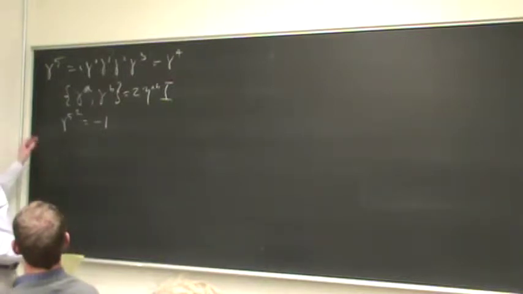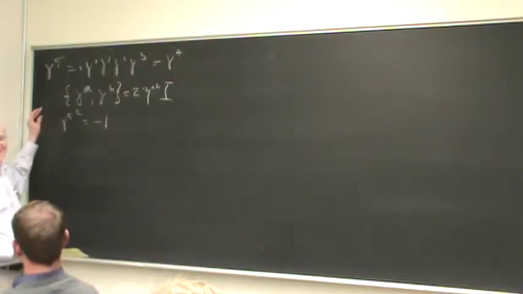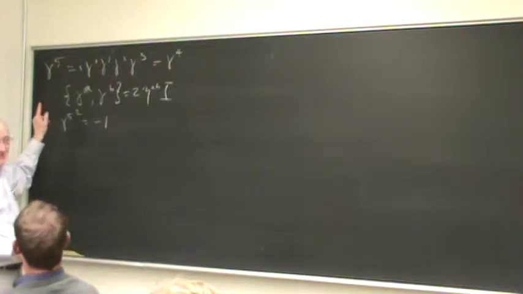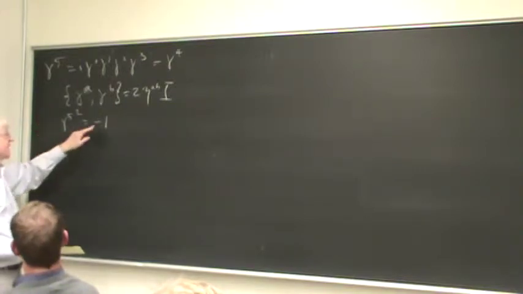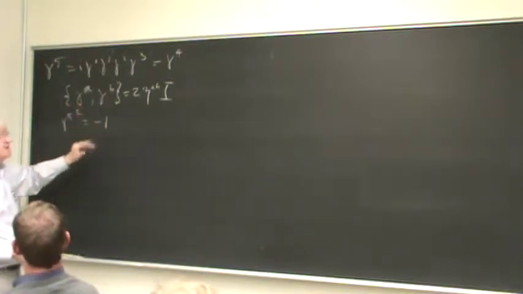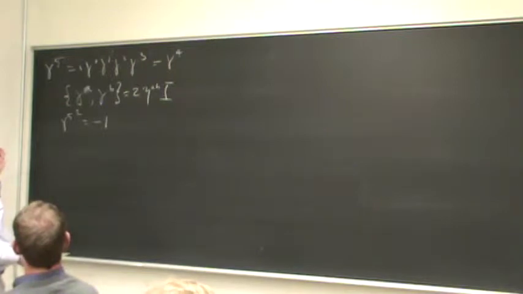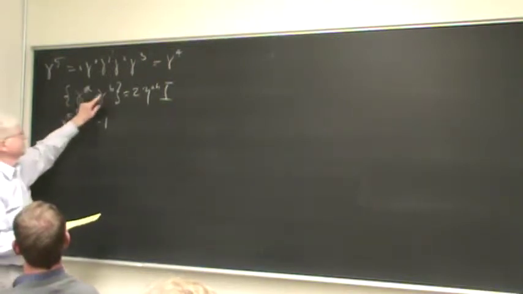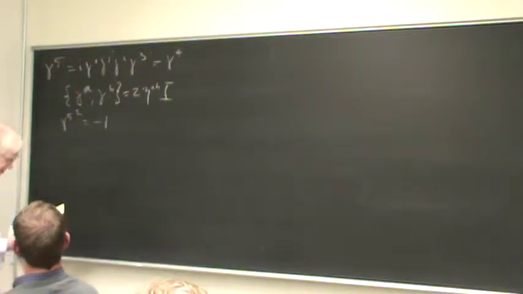Well, the way Weinberg does it, Weinberg arranges for gamma 5 squared to be plus 1, but then he has the metric where all the space indices are positive. I think we better stick with Schwartz, in which case we don't have this very nice relationship.